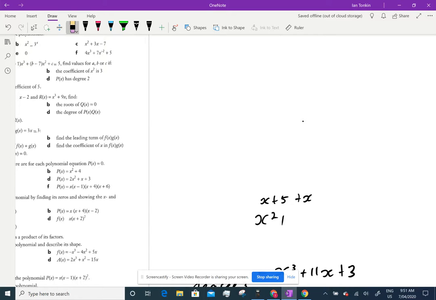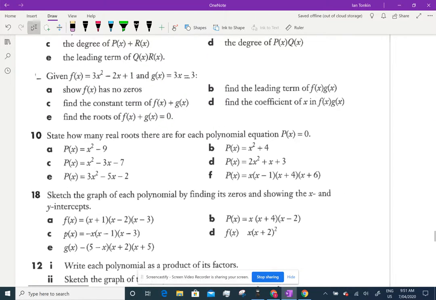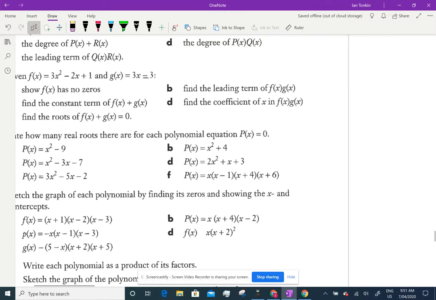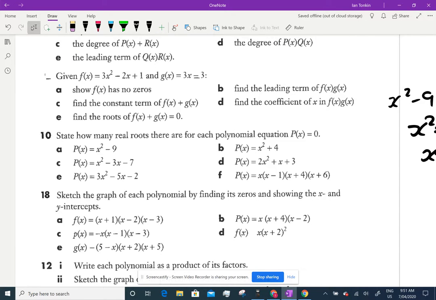We don't have to actually work out what they are. So in the first one, x squared minus 9, I know that's going to have two real roots. I can work it out: x squared equals 9, x equals plus or minus 3. But they just want me to work out how many.